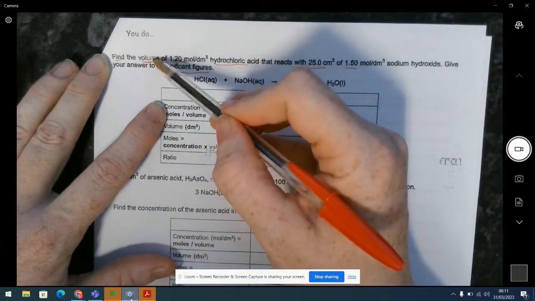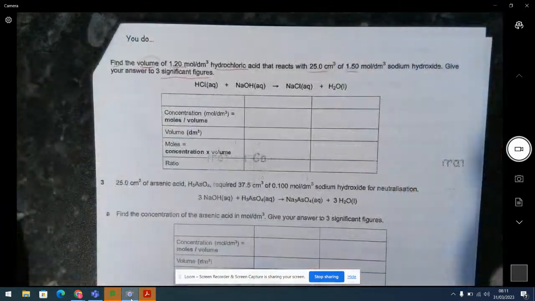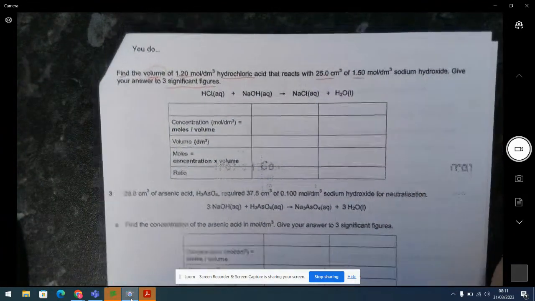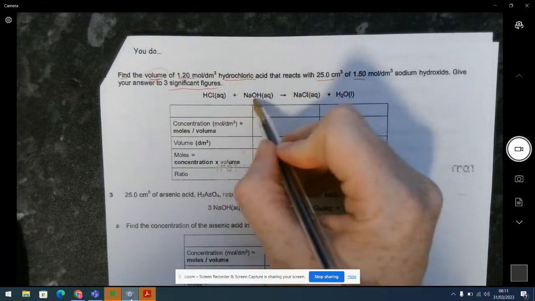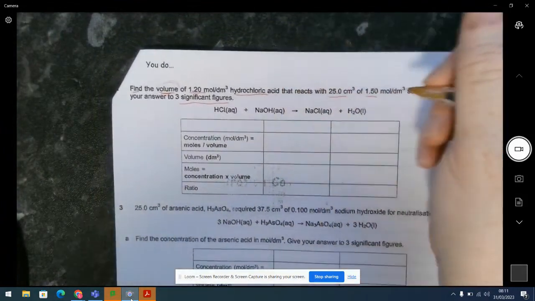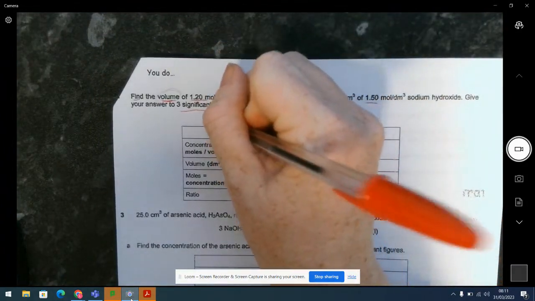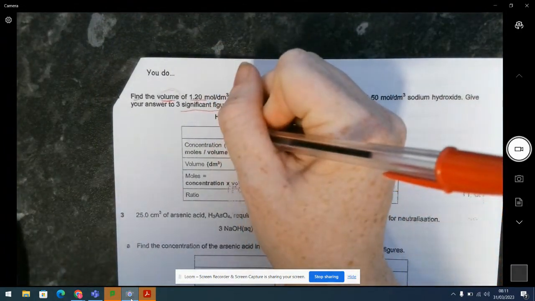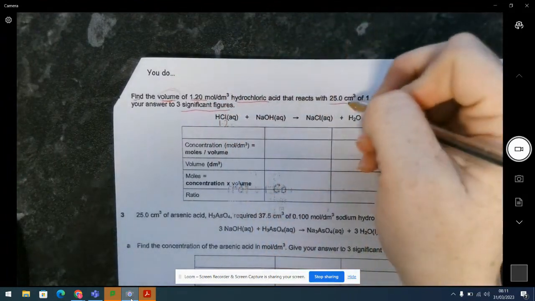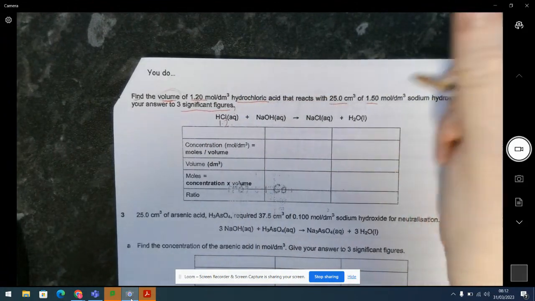So this time it's asking me to calculate the volume. This is not a concentration question, this is a volume question. So I put my 2 reactants in, well, we said about not doing it on the table, didn't we? So let's see. We've got 1.2 hydrochloric acid, so I'd write that number around there. I don't know the volume because that's what I'm going to calculate.